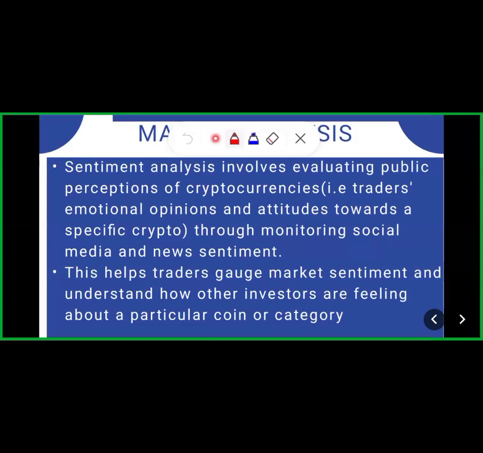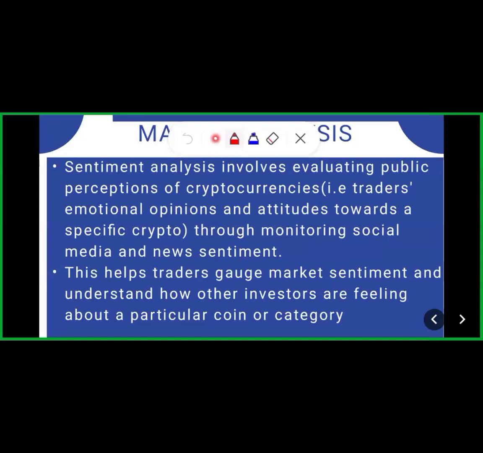Most people who depend on sentimental analysis, especially those who like investing in Dogecoin, don't expect them to go into the market if they don't have the skill to analyze it. Don't expect them to do fundamental analysis if they don't love reading.